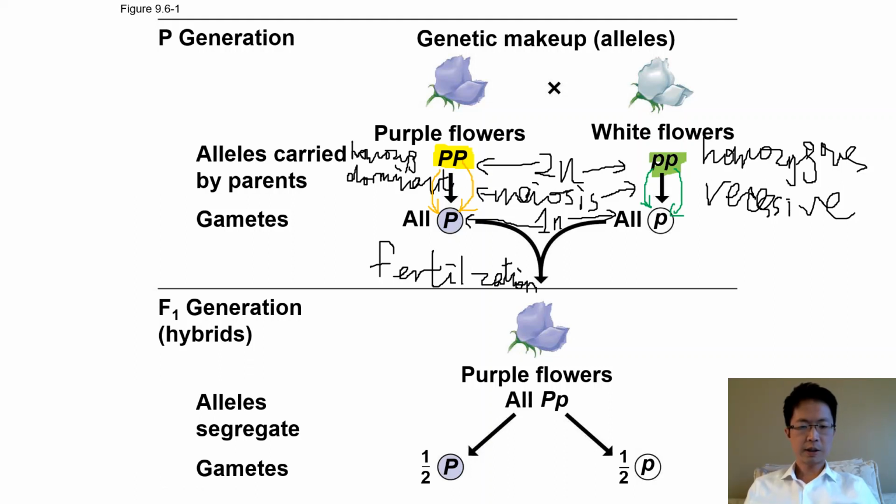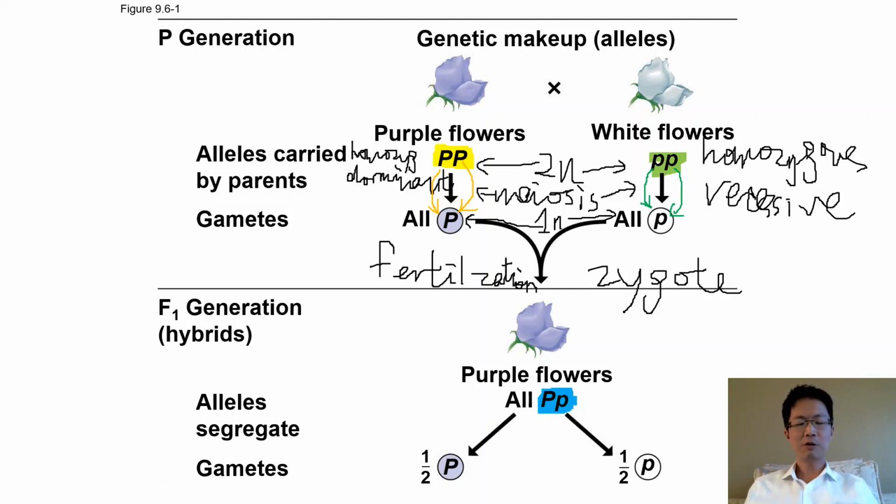And you can see that here, all the F1 hybrids are all big P, small p. So you may call this a zygote, okay? After sperm and eggs fertilized, of course we got the zygote, and the zygote will go through what? Mitosis, right?